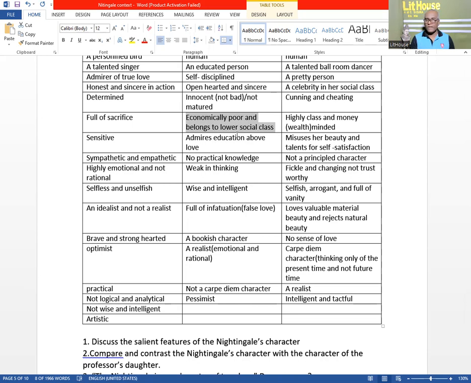Now the Chamberlain's nephew has jewelry, wealth. The professor's daughter likes him because of that wealth. She does not like the young student because he does not have wealth. Therefore, he is economically poor, and he belongs to lower class.